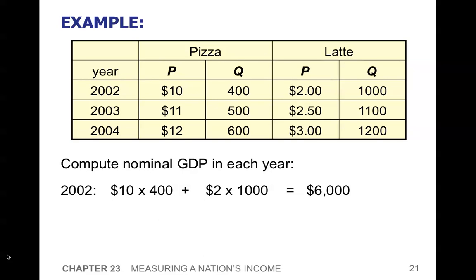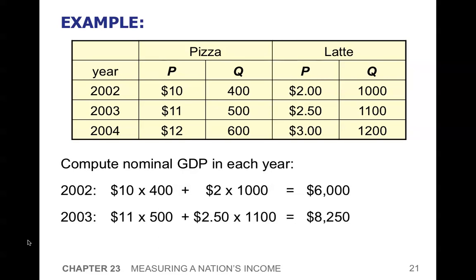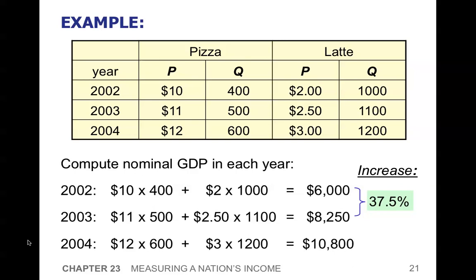Price of $10 times 400. For 2003, it's $11 times 500 plus $2.50 times 1,100. So we're just going right across the row here. And 2004, $12 times 600 plus $3 times 1,200 equals 10,800.